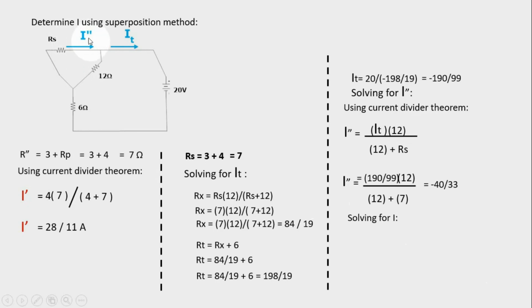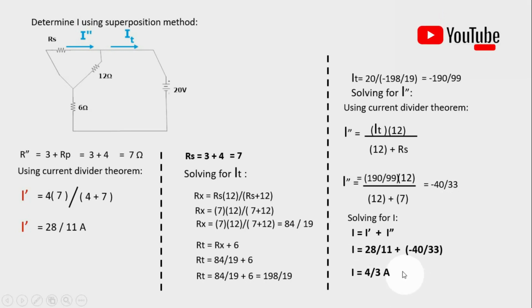Since I prime and I double prime are in the same direction as I, we add I prime and I double prime to get our I. I prime is equal to 28 over 11, and I double prime is negative 40 divided by 33. So if you solve that, it will give you 4 over 3 amperes. So this will now be your value of I by using the superposition method.